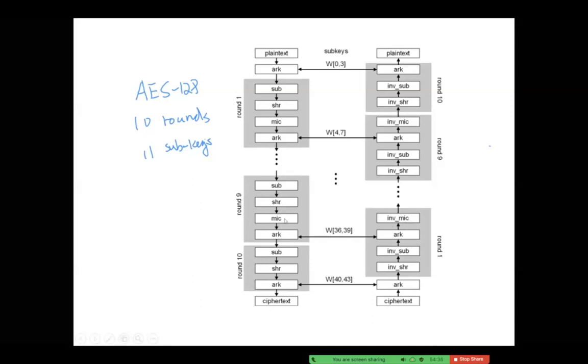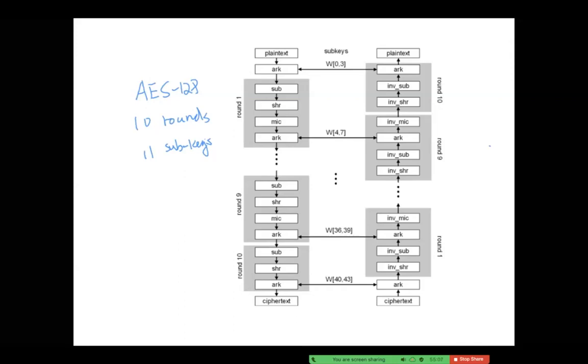So it's not in the same order as encryption. You do the same sequence of operations for 9 rounds, and then in the last round, you have inverse shift, inverse sub, and then ARK, which is also not exactly the same order as the encryption. So this is a higher level view of AES.